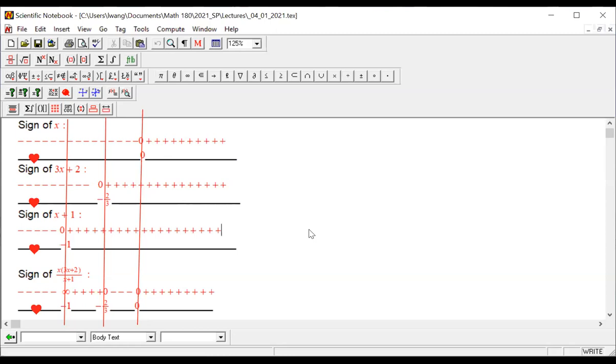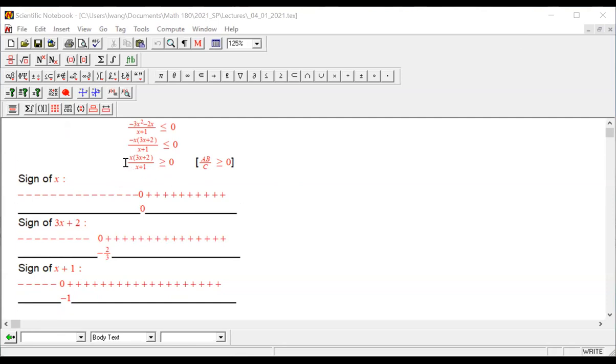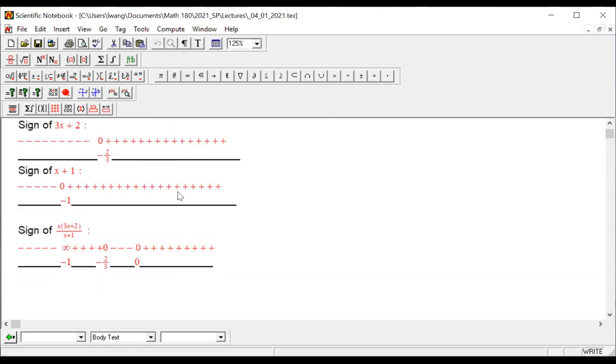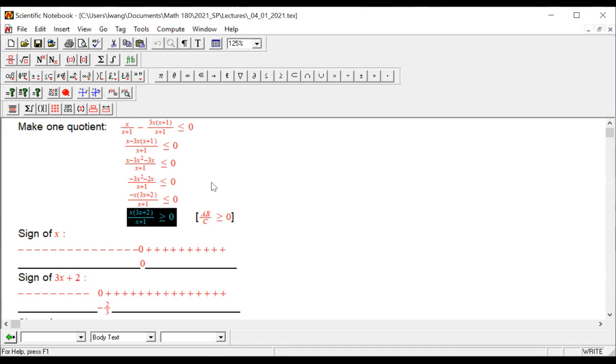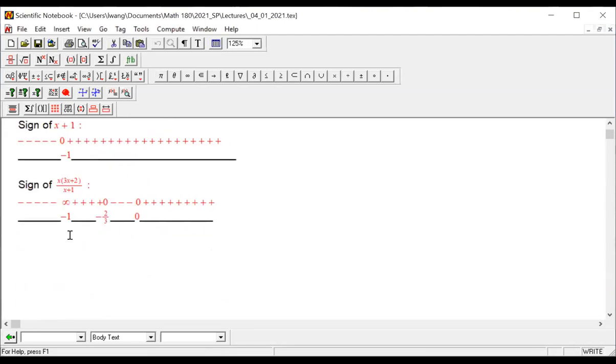So finally, what is the answer to the solution? You have to look at the inequality. The inequality is that we want that quotient to be positive or 0, right? So where do we get the quotient positive or 0? Between -1 and -2/3, and then from 0 to infinity. That's right.